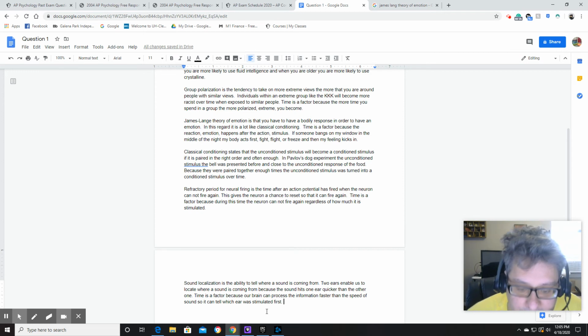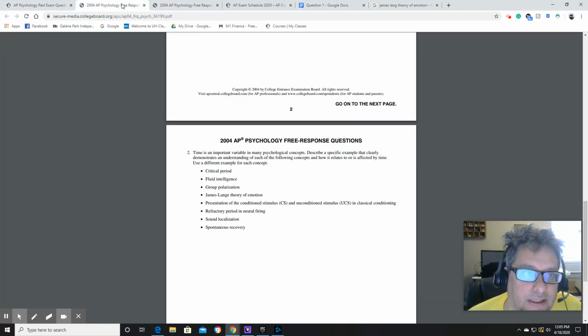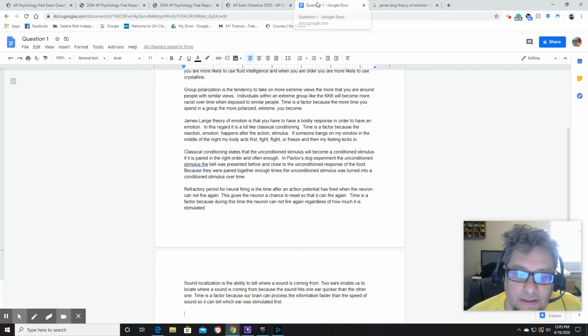So sound localization, this was the stretcher. You had to really stretch to get that. All right, and spontaneous recovery.